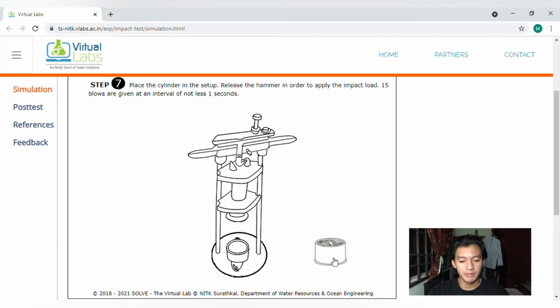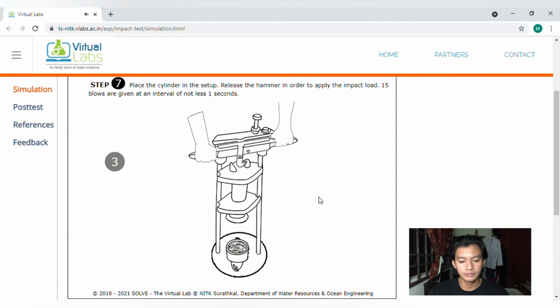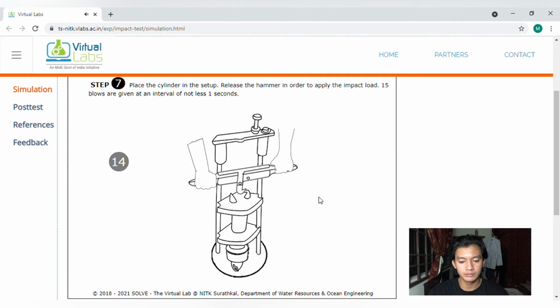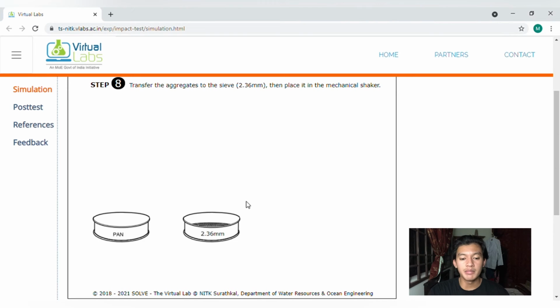Step 7. Place the cylinder in the setup. Release the hammer in order to apply the impact load. 15 blows are given at an interval of not less than 1 second. Step 8.